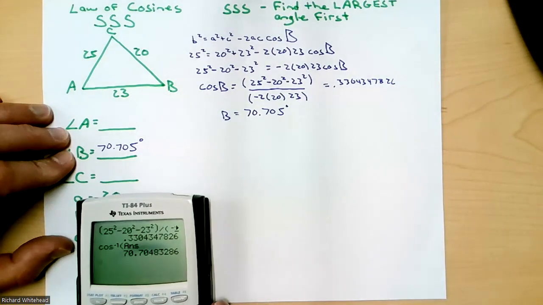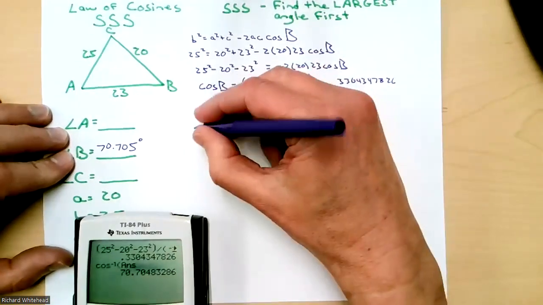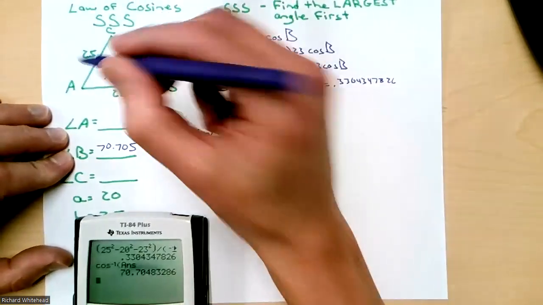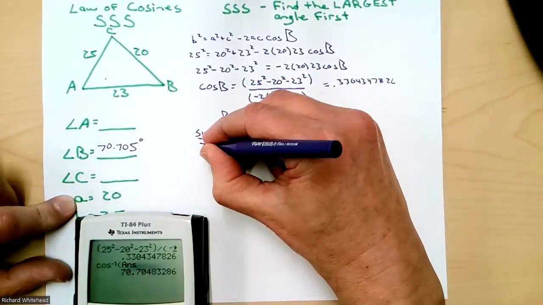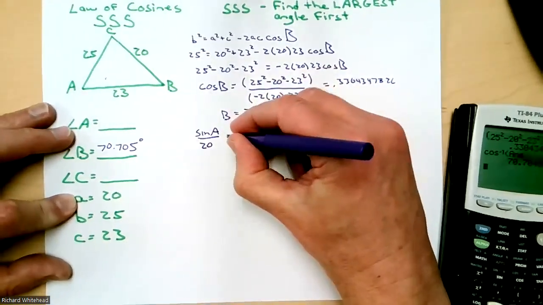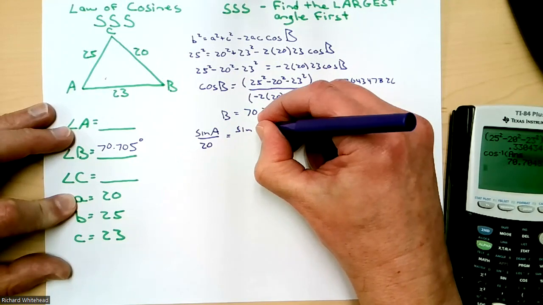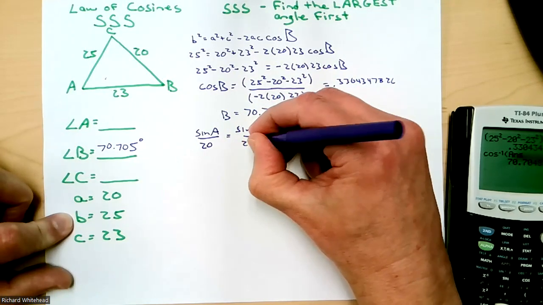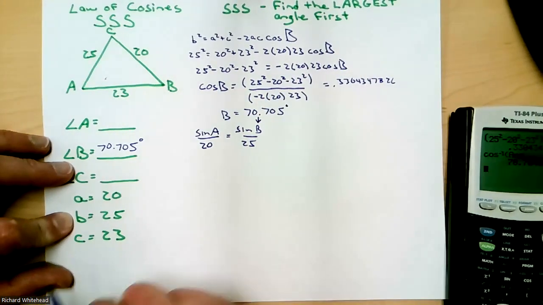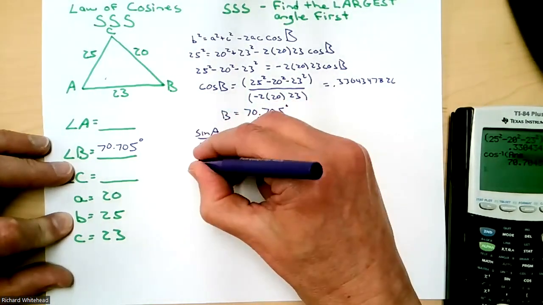So let's do a setup for angle A. Sine of A, because that's the smaller angle that I'm going to find next, over 20 would equal sine of B over 25. But see, we know what B is. B is that guy right there. So I'm just going to use the answer button again.